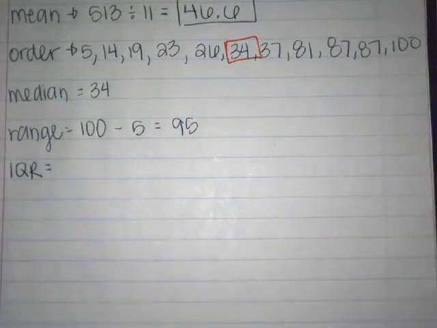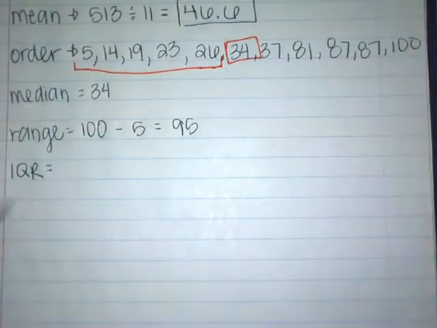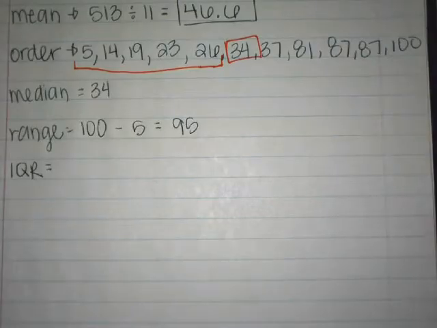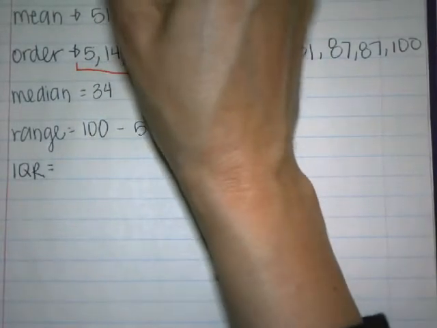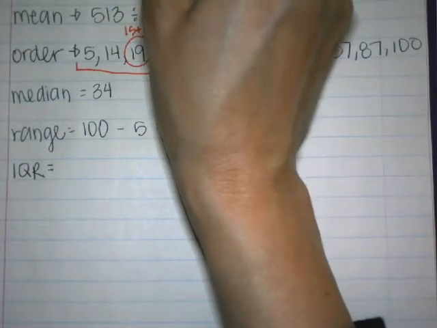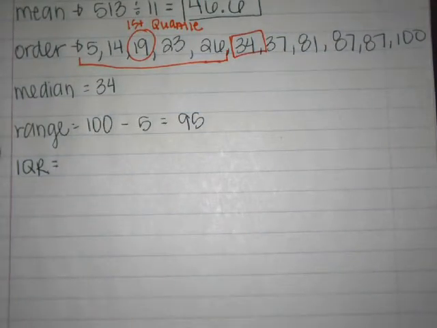This is your lower set, and I need you to find the median of it. What's the middle number of that lower set of numbers? So that right there is your first quartile, because it is the middle number of the lower set of numbers. Does that make sense, guys?